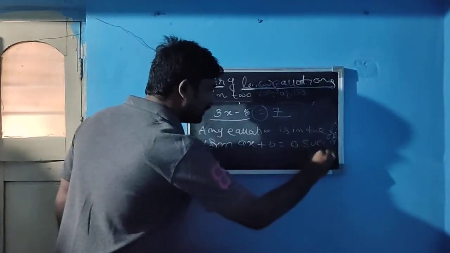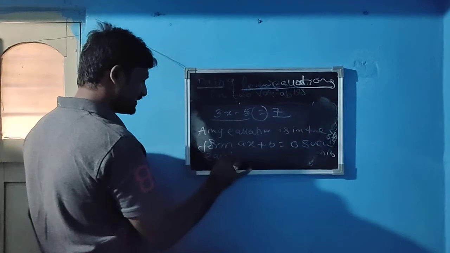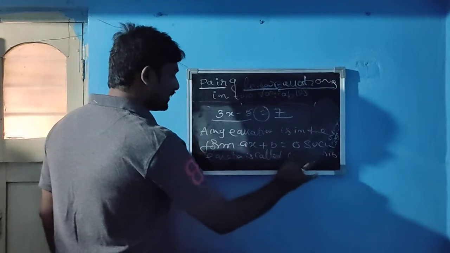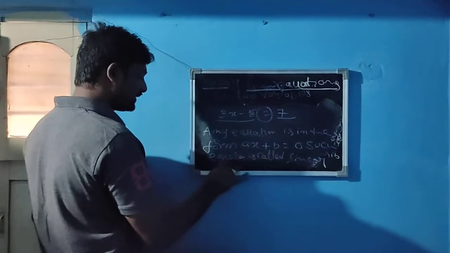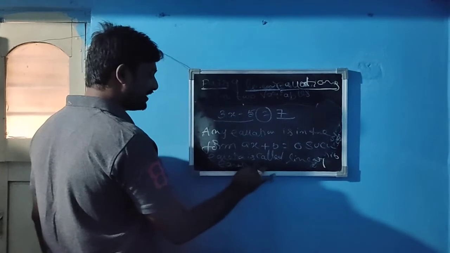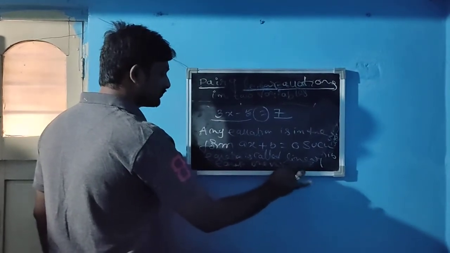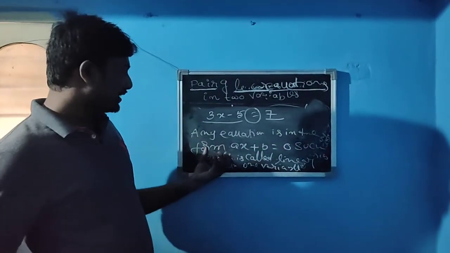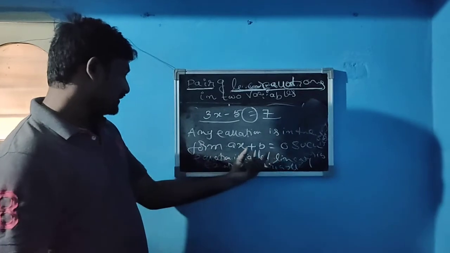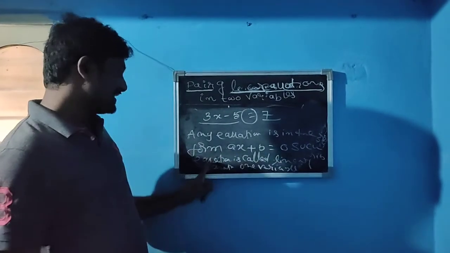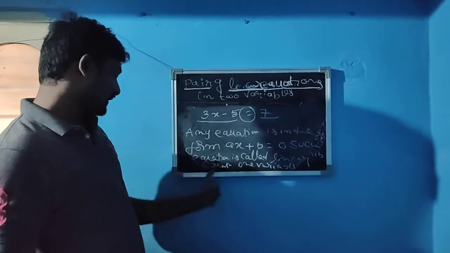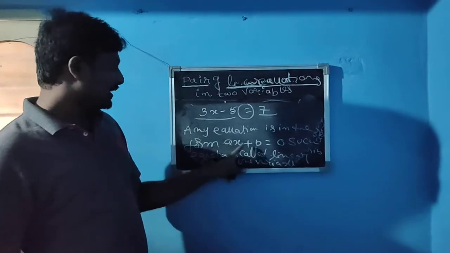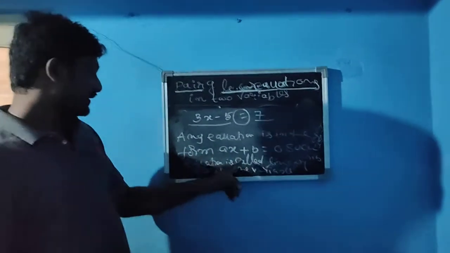Such an equation is called a linear equation in one variable. Did everyone understand? ax plus b is equal to 0 is called a linear equation in one variable.